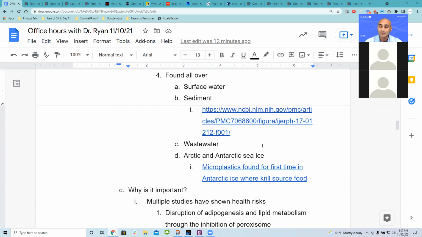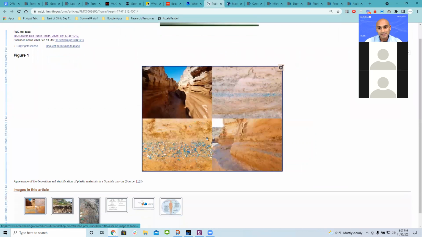As I mentioned, they're found all over: surface water, sediment. This is actually an interesting picture from the NIH. Let me see if I can pull this up. This was created from a canyon in Spain, right?